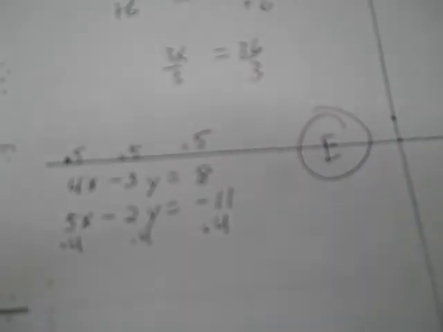So 20x plus, remember, you don't just take 3 times 5, it's negative 3 times 5, and that's negative 15y. Then 8 times 5 is 40. 5 times 4 is 20x. That is not just 2 times 4, it's negative 2 times 4. That's going to be negative 8y. Then negative 11 times 4 is negative 44.